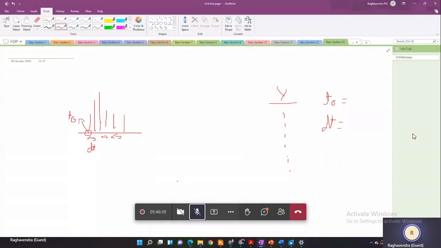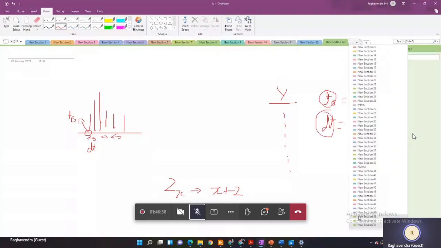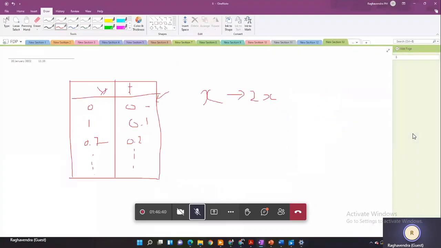So now instead of sending 2x data, I'm simply sending x plus 2, which is much less compared to the original approach. This is how we typically communicate with the USRP, by sending t naught and dt instead of the actual times at which each sample occurs.